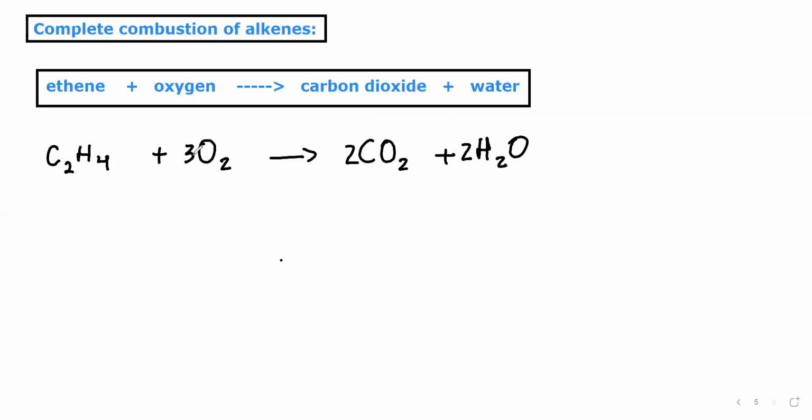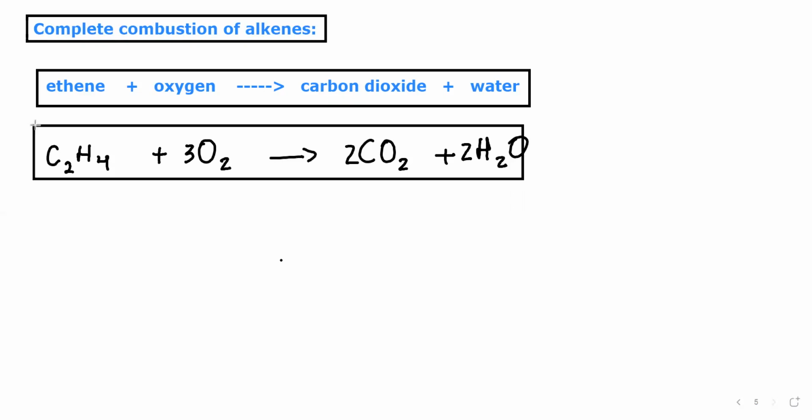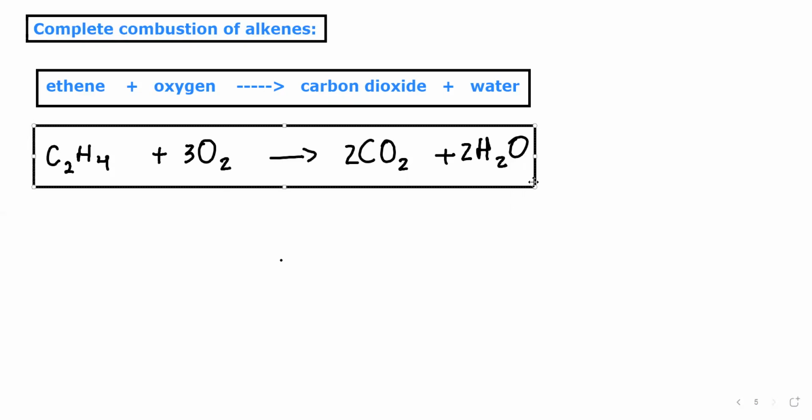This is the same reaction we did for alkanes as well: complete combustion, where enough oxygen is present to react with alkenes. In complete combustion, the products are carbon dioxide and water. In incomplete combustion, the products are carbon monoxide and water. This is the difference between complete and incomplete combustion.